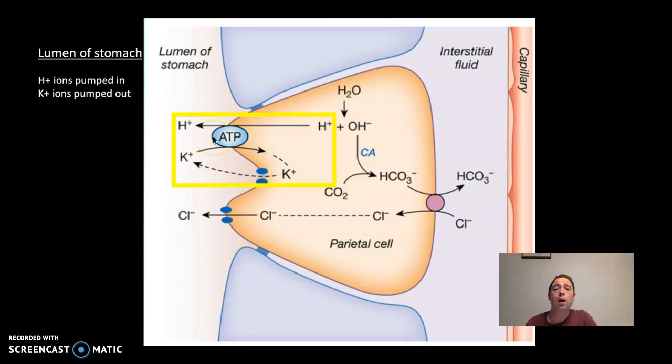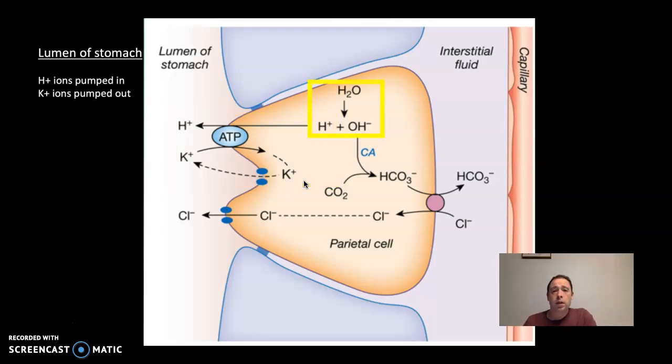These enzymes specifically pump protons from the cytoplasm of the parietal cell into the lumen, and at the same time bring in potassium ions from the lumen into the parietal cell cytoplasm. Notice that potassium then is able to diffuse back down its concentration gradient back out into the lumen of the stomach.